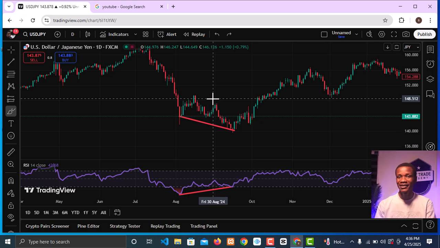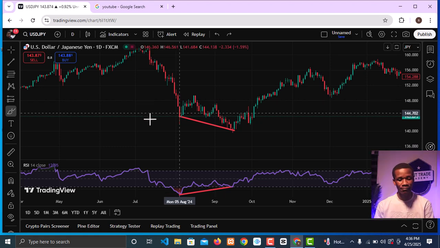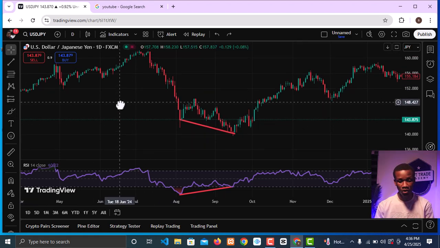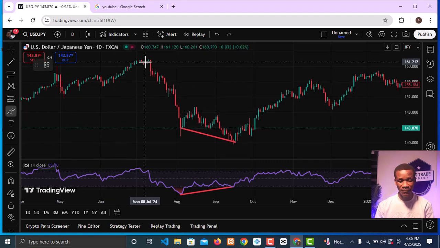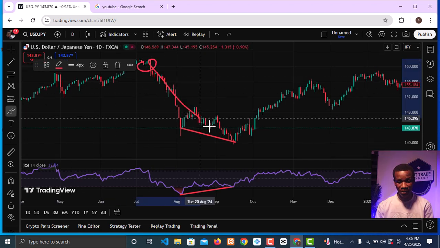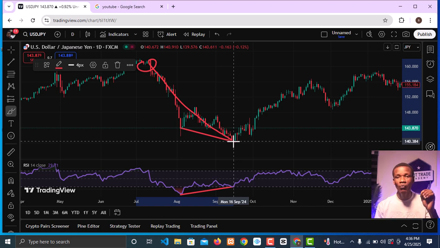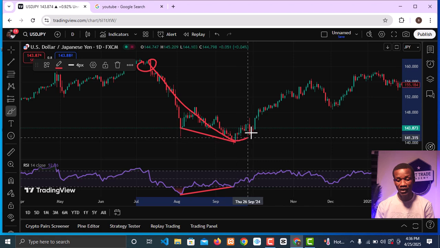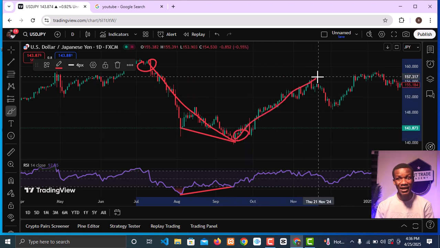And of course, this kind of divergence is what we call a bullish divergence. Why? Because market was coming all the way to the downside. It means that if we get a confirmation on this divergence, market will begin to move all the way to the upside. That is why it is called bullish divergence, and this is super important.